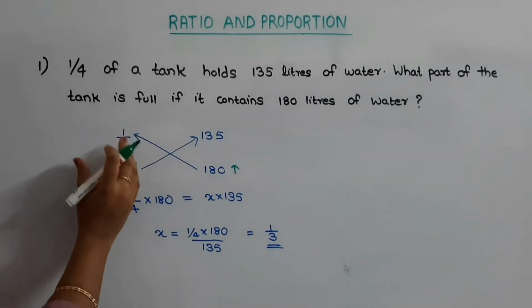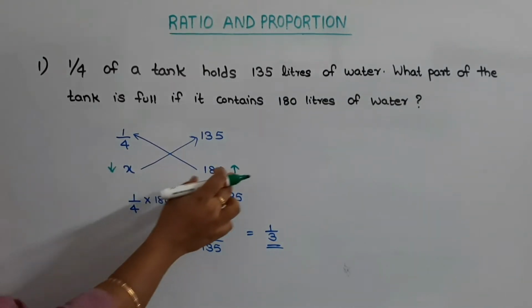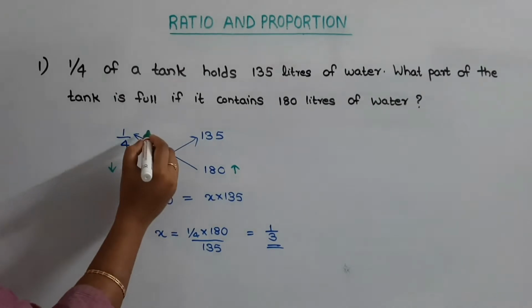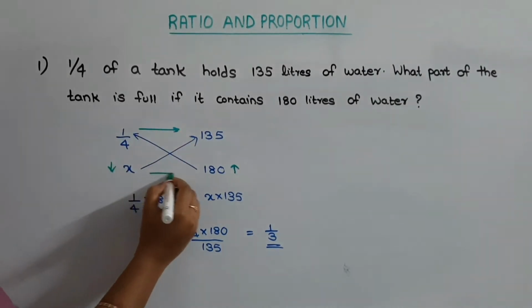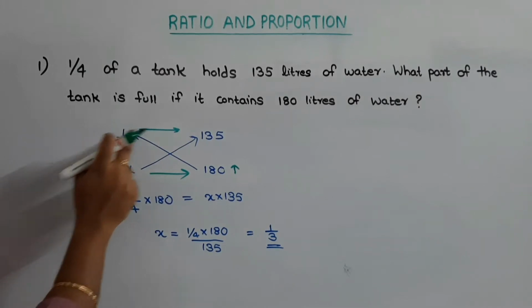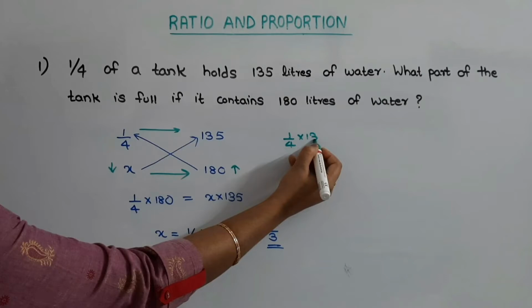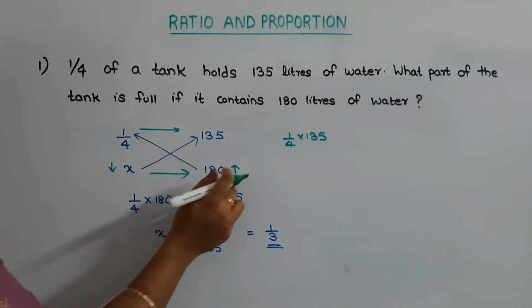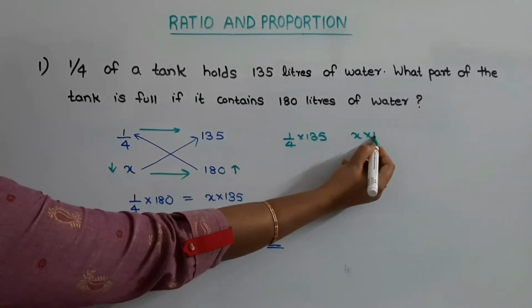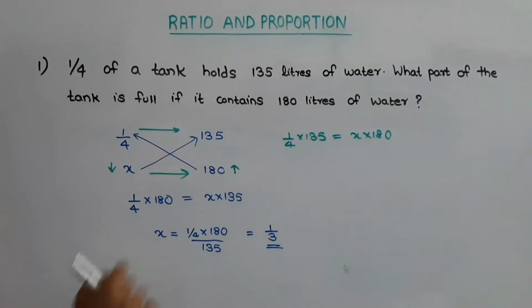Then we can say that these both quantities are inversely proportional to each other. So whenever inverse proportionality comes, we need to do direct multiplication, which means we need to multiply this 1/4 by this 135, and then multiply this x by this 180. Then equate them, and then we can find out the value of x.